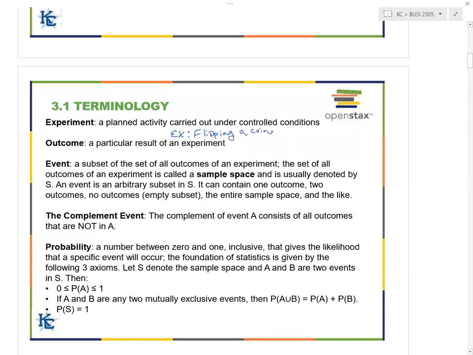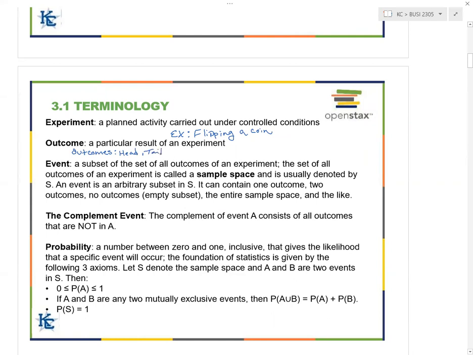Then an outcome is a particular result of an experiment. And so the outcomes of flipping a coin would be heads or tails, right?